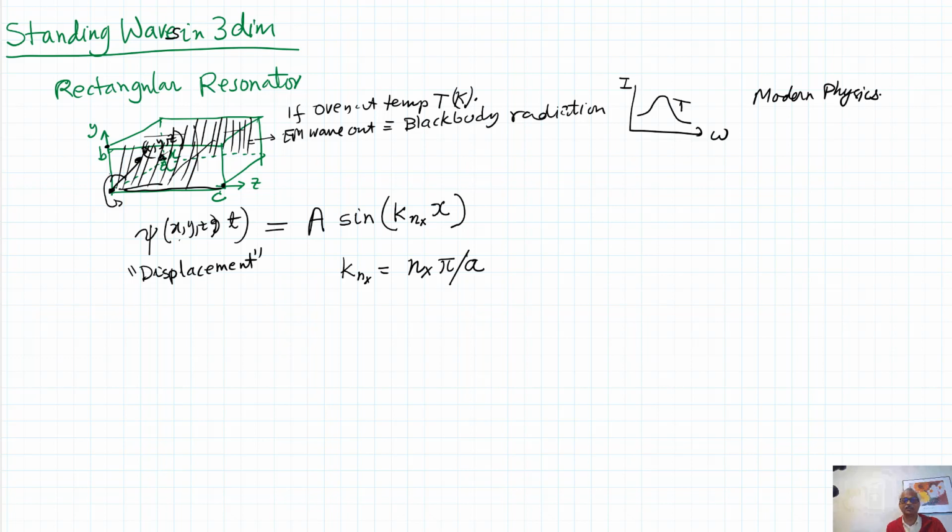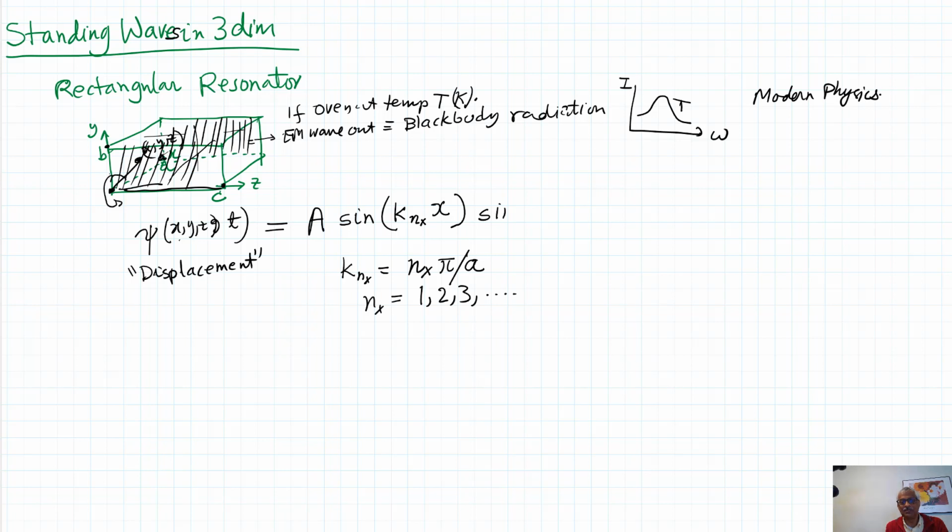So when x equals a it is 0, and x equals 0 is 0. And nx shouldn't be 0, because then everything is automatically 0. So you can have plus or minus 1, but the modes with plus or minus are the same. So it's very much like the string system. So that happened around the x-axis.